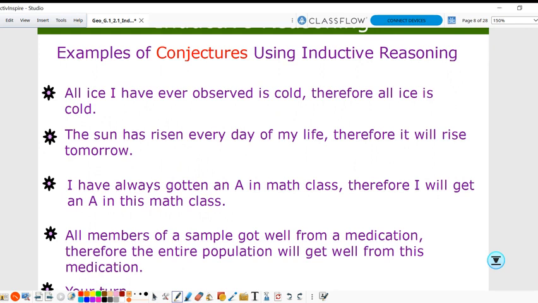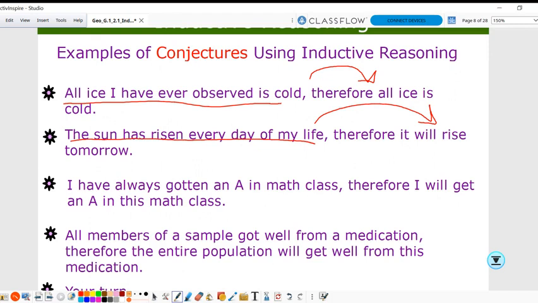So all ice I have ever observed is cold, therefore all ice is cold. I have an observation, and I'm making an assumption based on the pattern I see. The sun has also risen every day of my life, therefore it will rise tomorrow.